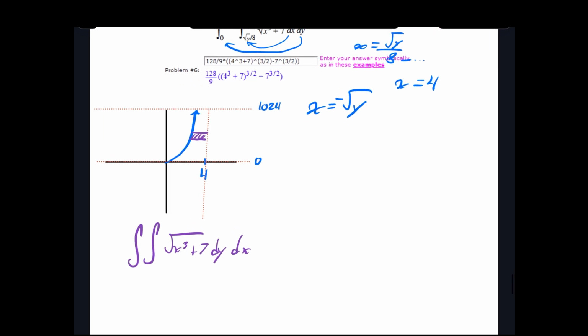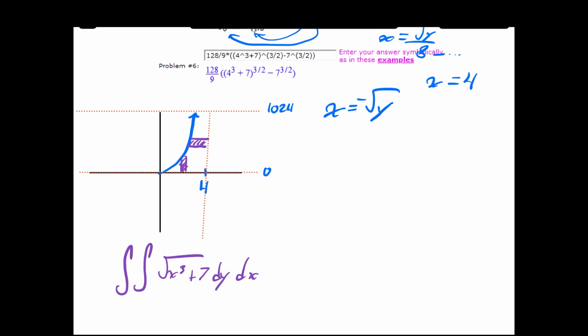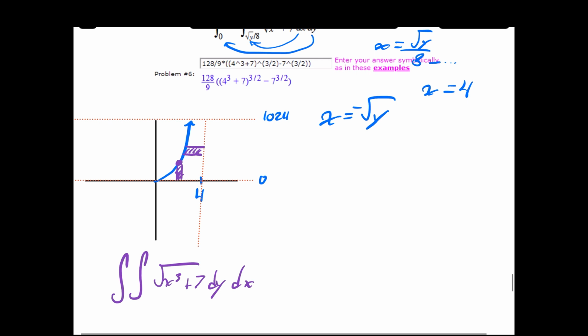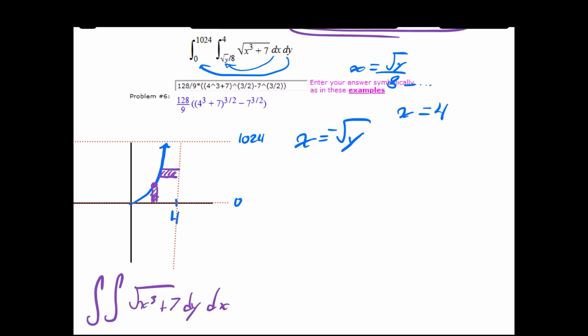Now if I'm integrating up, my slice looks like this. So I'm now going from 0 up until I touch this function, but I can't represent that function with respect to x anymore. I have to put it with respect to y.